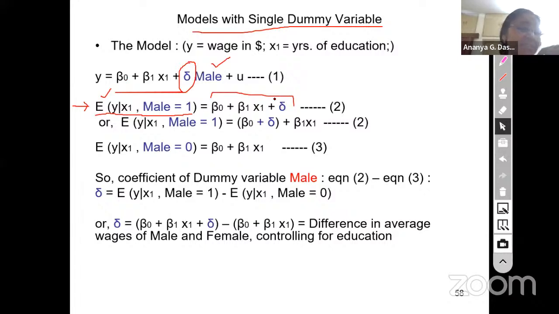Delta is just a constant. So in other words, this is the average value of y given x1 and male equal to 1. So clearly you can see that the intercept term when male is equal to 1 is beta naught plus delta, plus beta 1 x1, where delta is the coefficient of my male dummy.